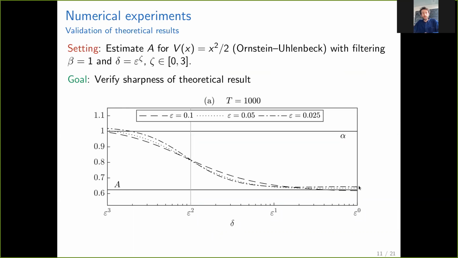We can see here that our estimator for delta between 1 and epsilon is very close to the effective drift coefficient. Then it transitions to the value of the drift coefficient in front of the slow component of the multiscale potential when you take delta to be smaller than epsilon squared.